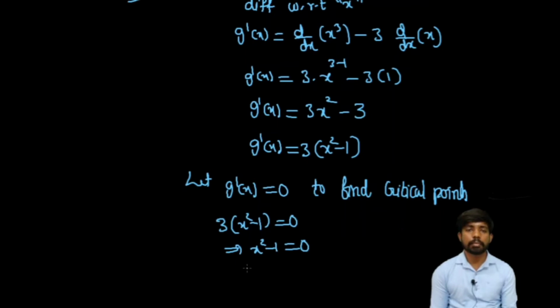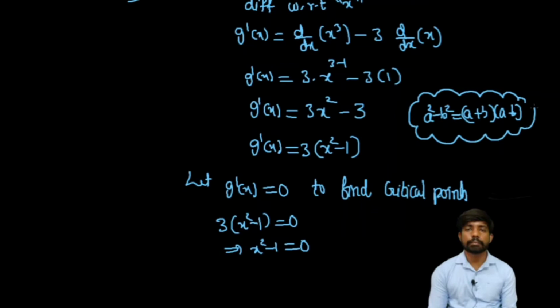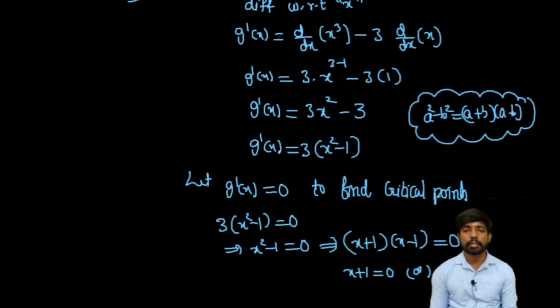Using the a square minus b square formula, which is a plus b into a minus b, we get either x plus 1 is equal to 0 or x minus 1 is equal to 0.